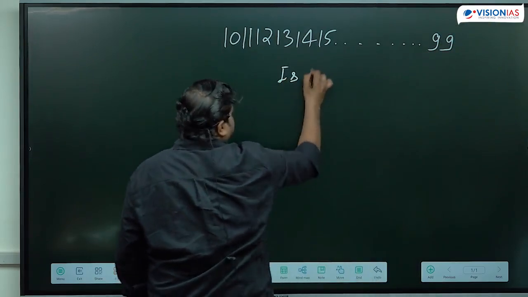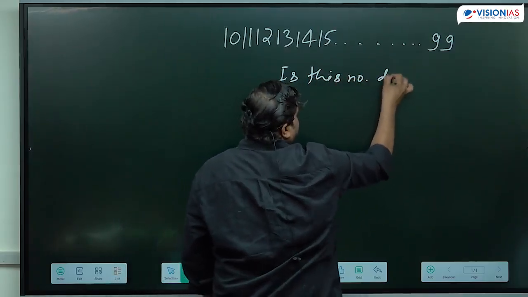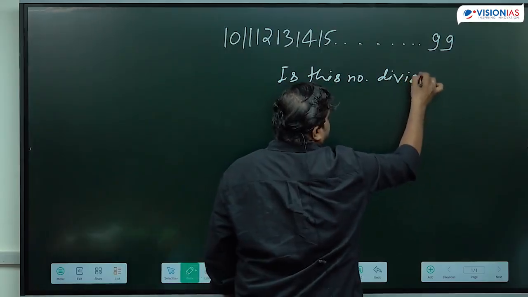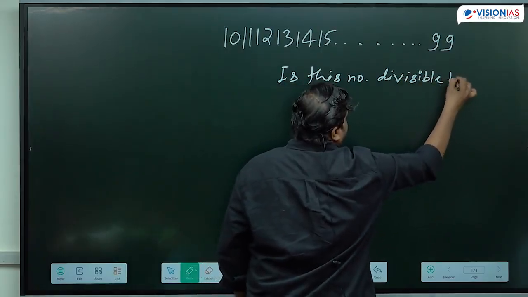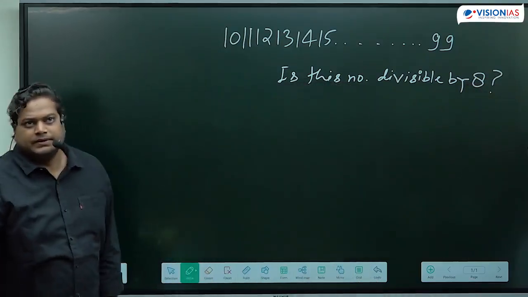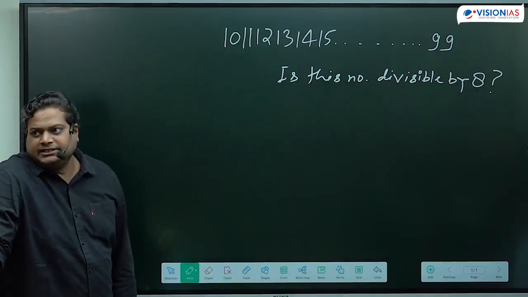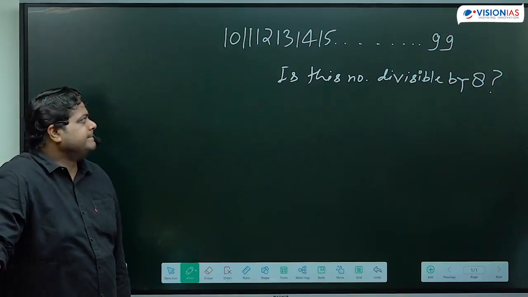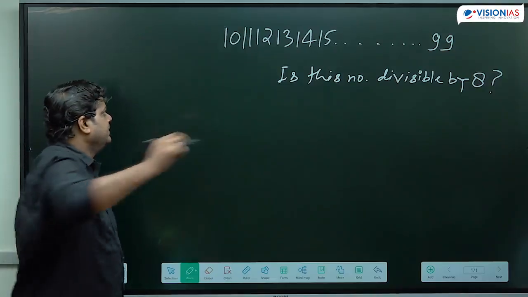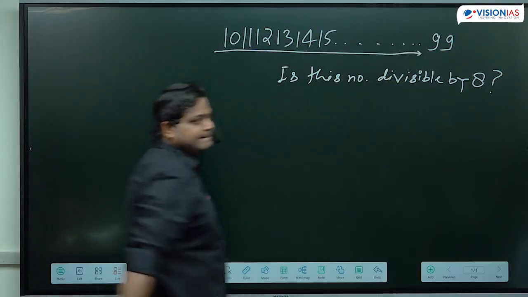Is this number divisible by 8? Why no? So last 3 digits will be here. तो लास्ट 3 डिजिट्स क्या हो जाएंगे यहाँ पे?